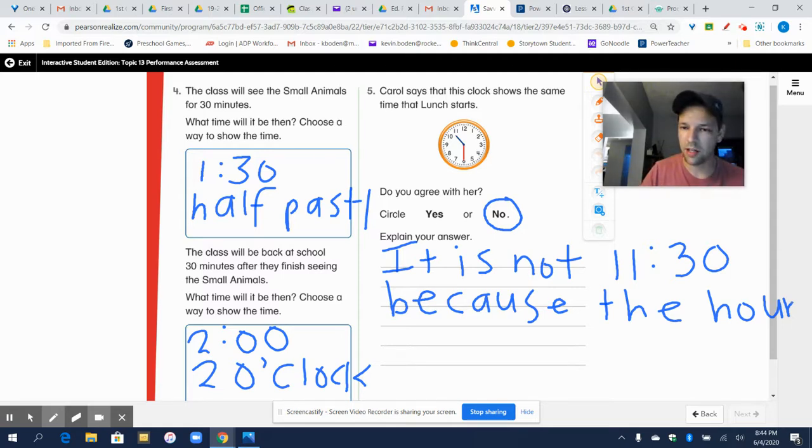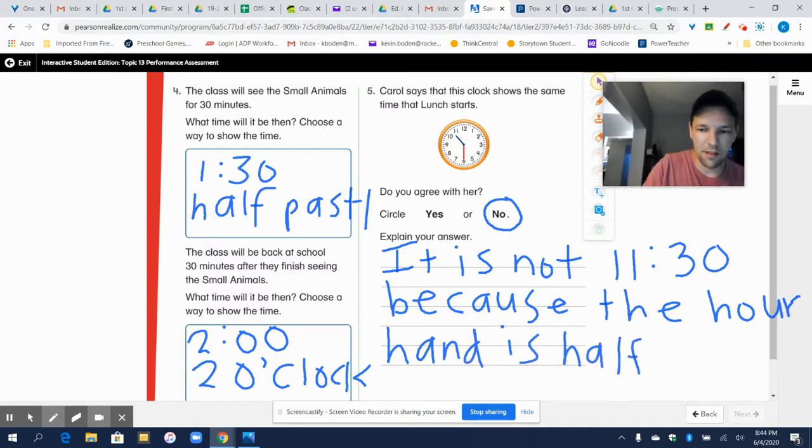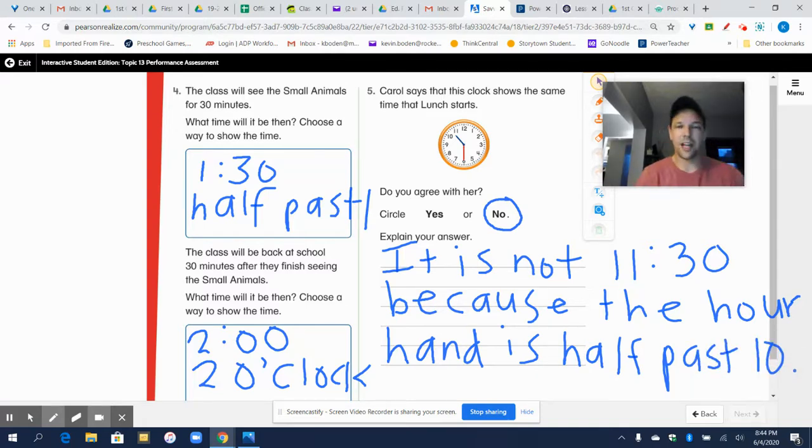Great job, vocabulary. Because the hour hand is 10:30. And then you guys, when you're done writing that, we're all the way done with our time chapter.